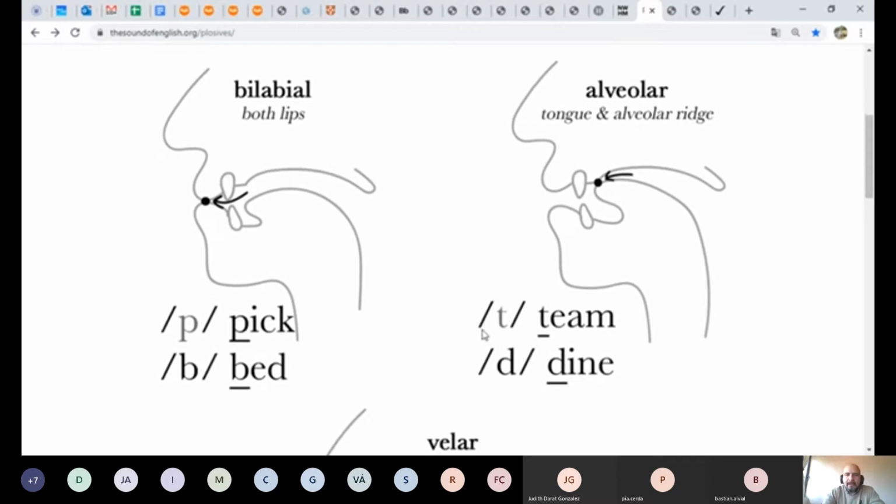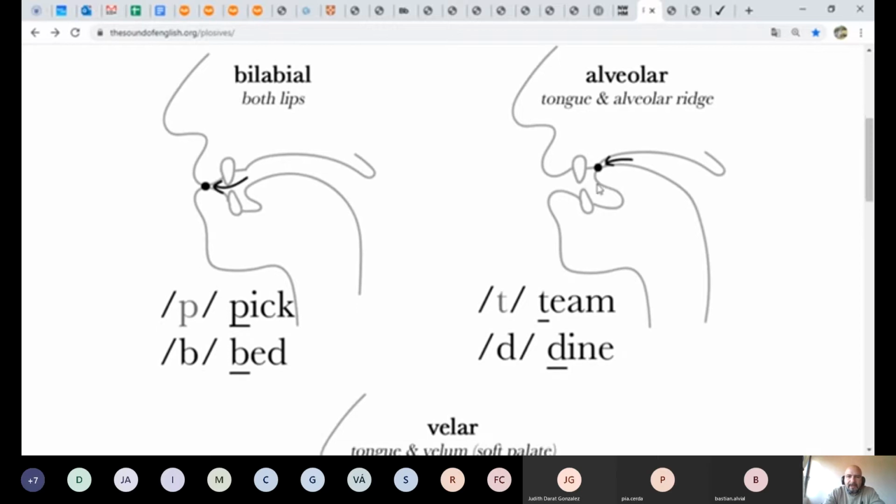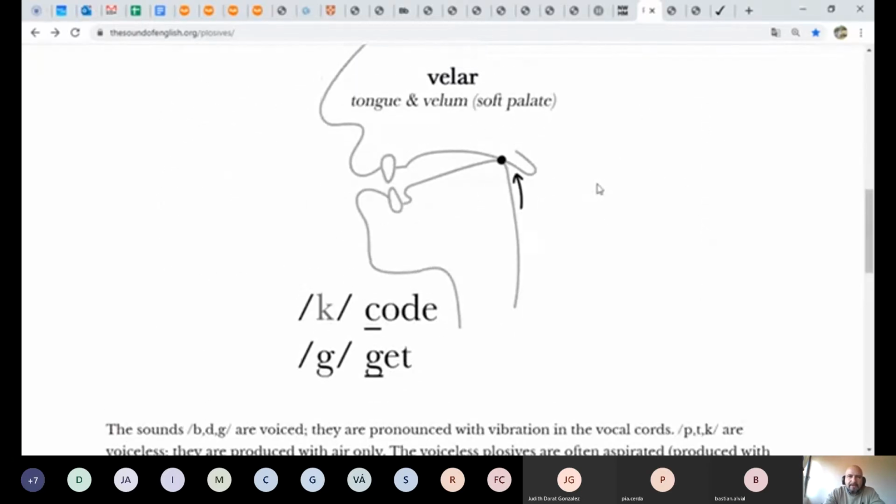In the case of t and d, these are alveolar plosives. Again, there's blocking of the air and then a sudden release as an implosion, and the airflow is stopped in the area of the alveolar ridge. And in the case of k and g, as in code and get, again, the airflow is stopped, but this time at the area of the velum.